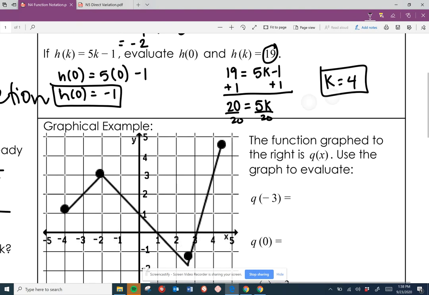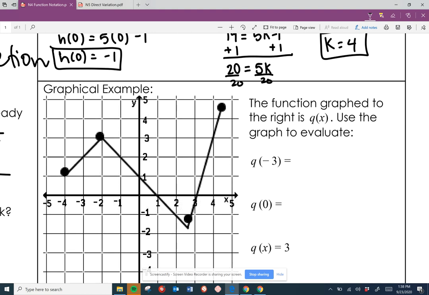You can also see this as a graph. Okay, you see the function graph to the right is q of x. Use the following to evaluate. All right, so it says q of -3. So what we're going to do is we're going to go on the graph, and this means the same as what does y equal when x is -3.